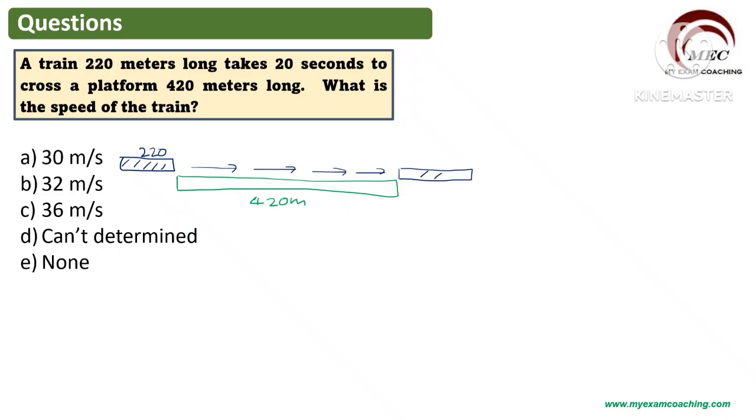The train will reach here, and the time taken will be equal to 20 seconds. What is the speed of the train? Speed of the train we have to calculate.